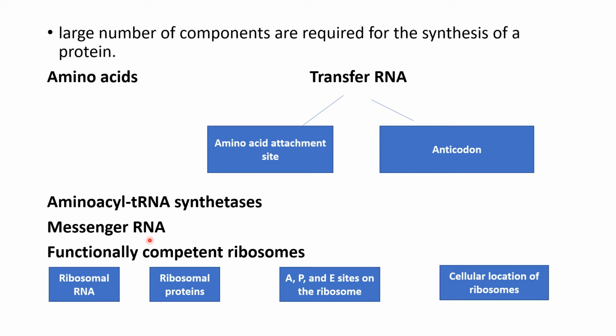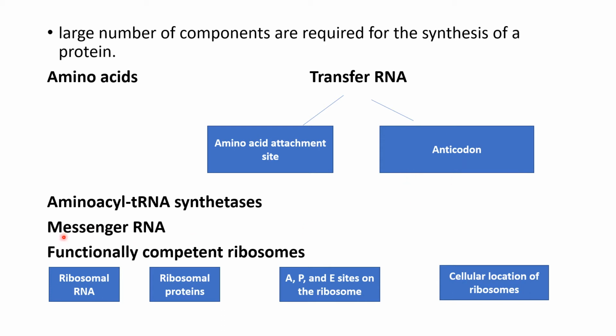Messenger RNA is the template which provides the instruction for the amino acids into a polypeptide chain. This messenger RNA contains the codon. Codons are the words which consist of 3 nucleotide bases, and these three nucleotide sequences are read in the 5 prime to 3 prime direction, while the anticodon, which is present on the tRNA, reads in a complementary as well as antiparallel direction, that is 3 prime to 5 prime direction.